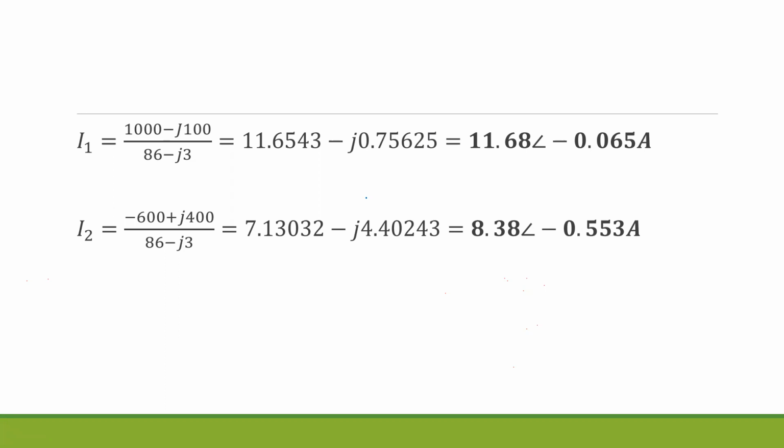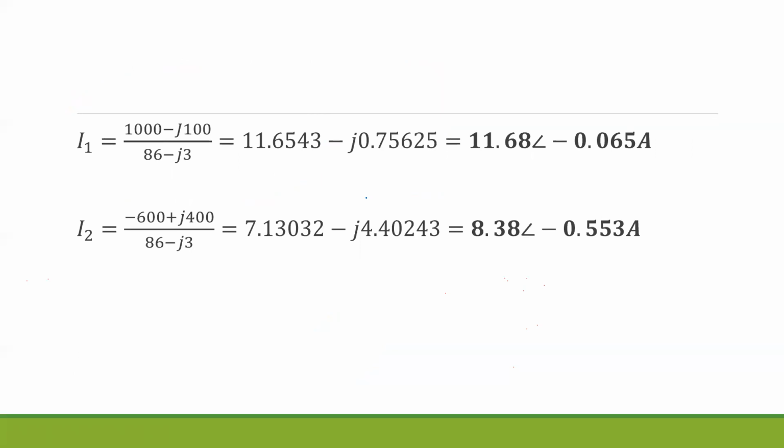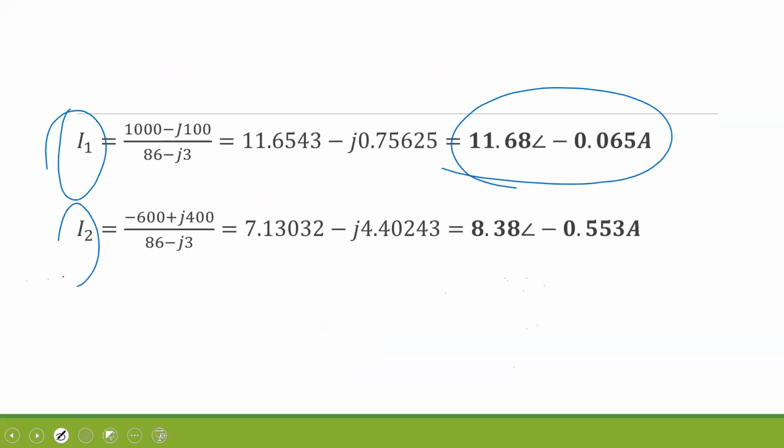Sir, could you go back to the previous slide? All right, so I1, that's the answer. I2, that's the answer. We're not going to spend time in this session looking at how we'll apply the currents.